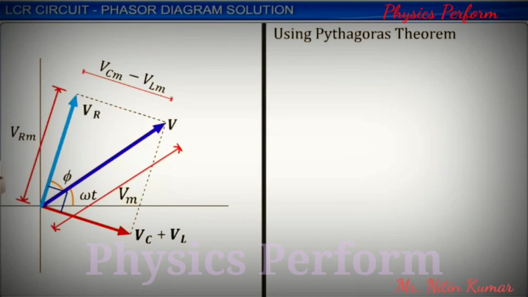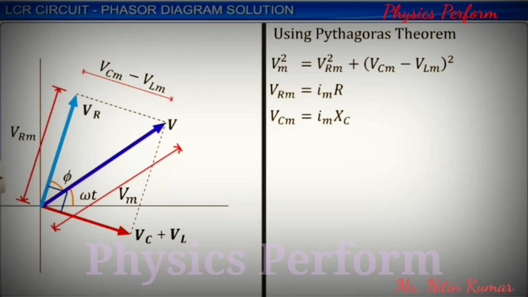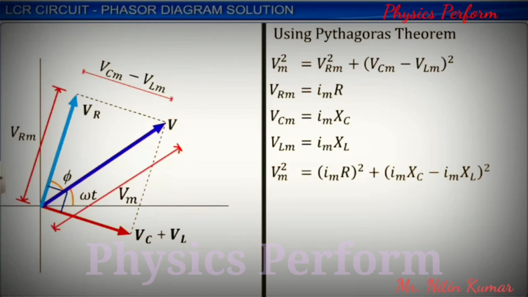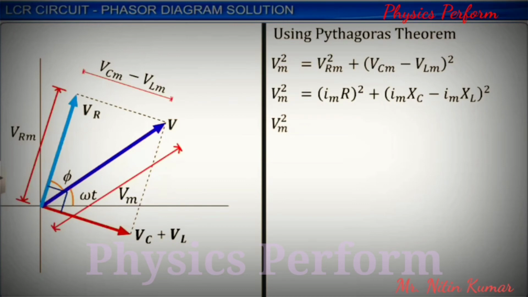Substituting the values, we see that Vm square is equal to VRm square plus (VCm minus VLm) square. Using the values of VRm, VCm, and VLm, we get Vm square is equal to (Im R) square plus (Im XC minus Im XL) square. Vm square is equal to Im square into (R square plus (XC minus XL) square).